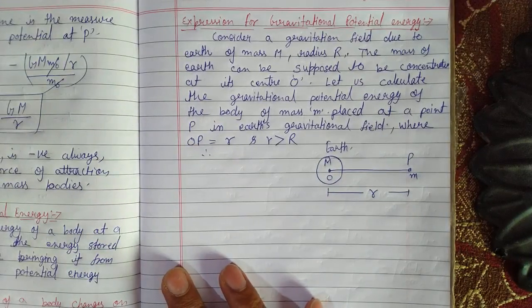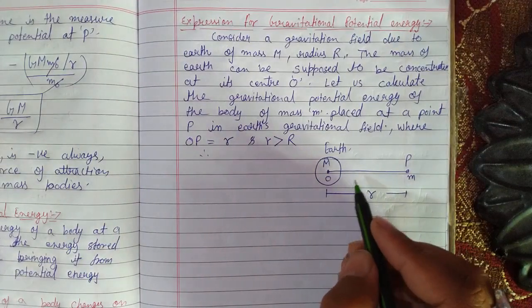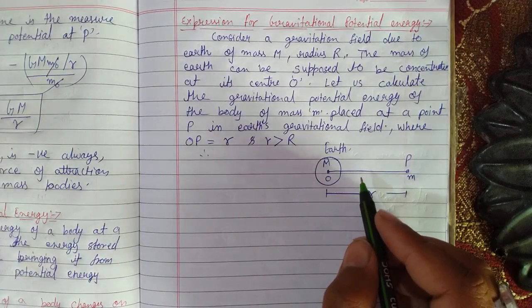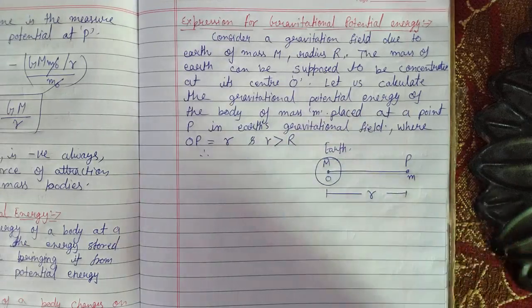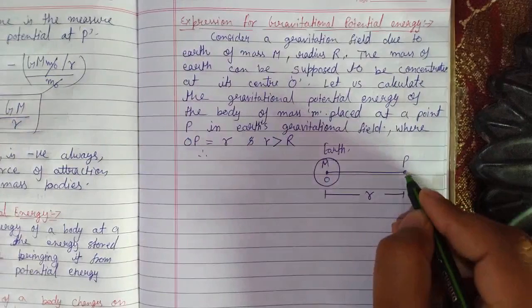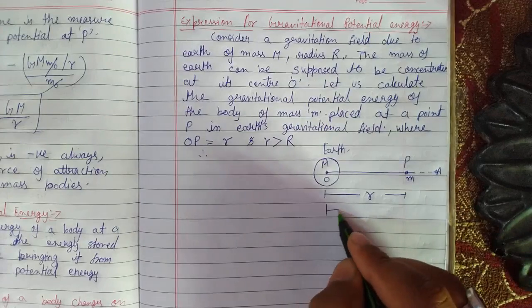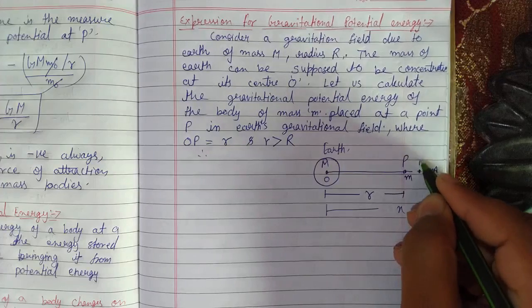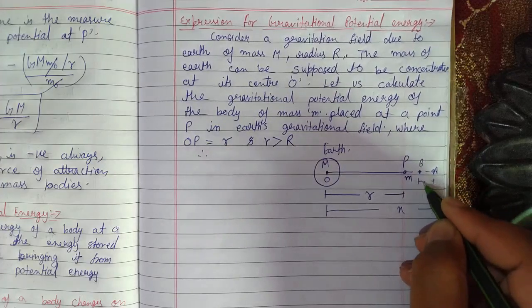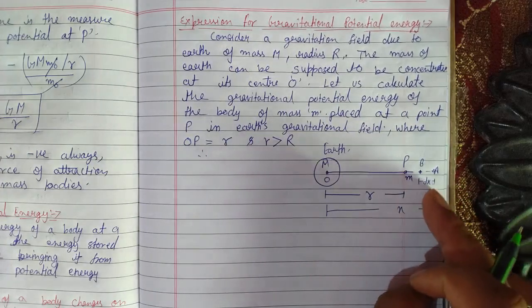Here is a point A which is at distance x from its center, and in between there is a point B. So the small work to bring the mass m from A to B is dx.